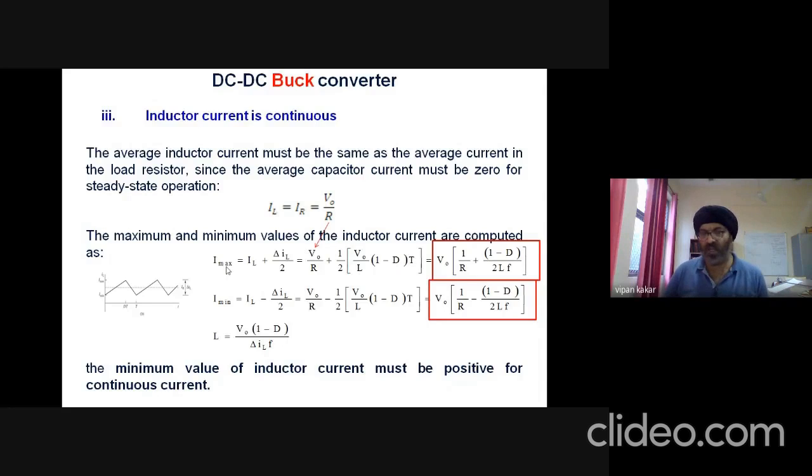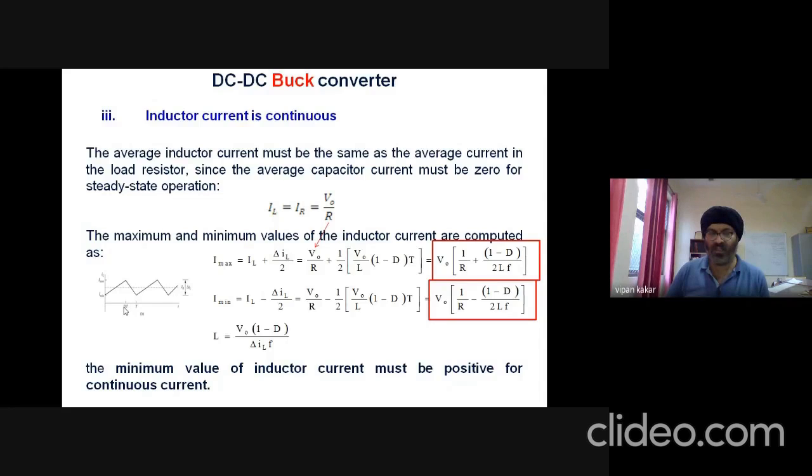So what is the maximum value of current in the inductor? This is IL, which is the average inductor current in steady state, plus the delta. As we can see from here, because it is continuous current, there is charging and discharging, meaning energizing of the inductor, de-energizing of the inductor, energizing again. Here the inductor gets energized at D T, which means the switch is on.